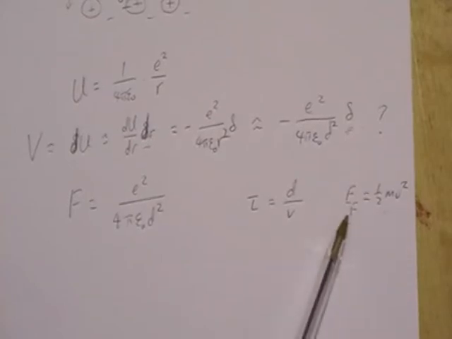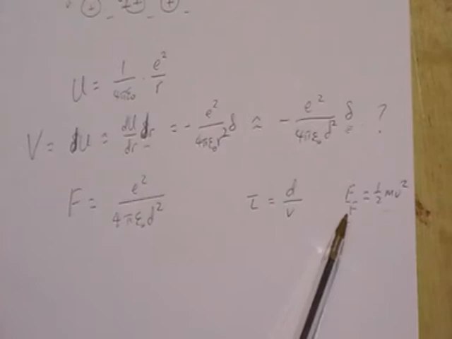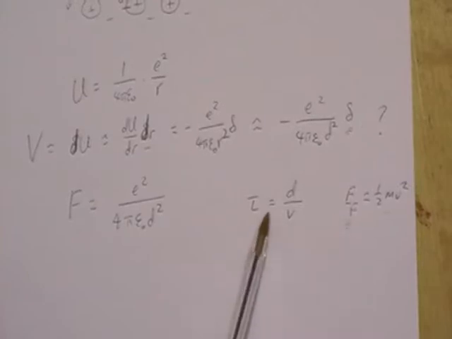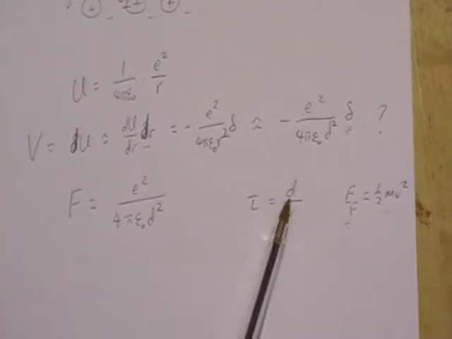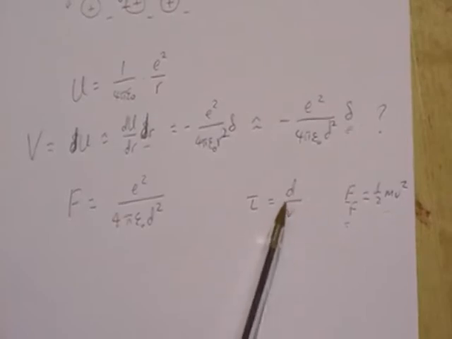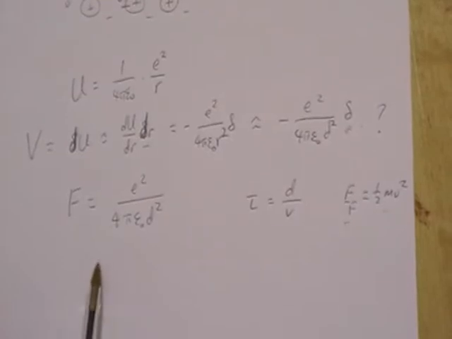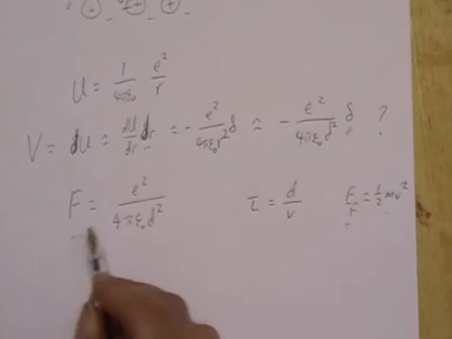Now E_F can be calculated if we know the molar volume of the metal. d is an interatomic spacing, which again we can find from Google or a physics handbook. So all this can be calculated, F and tau.